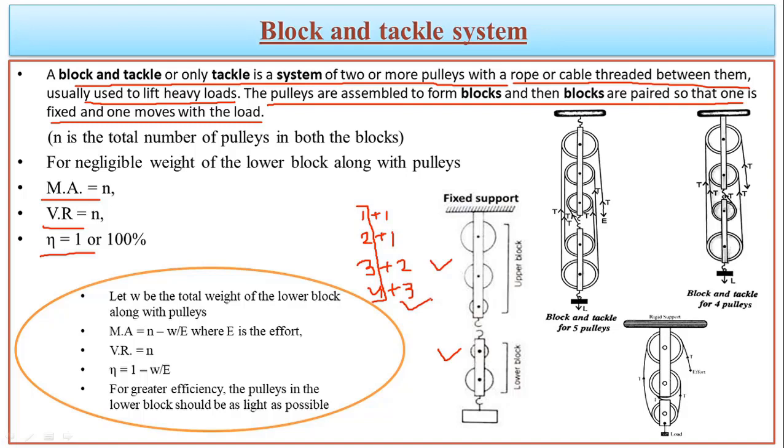When we go for the calculation, we find that the total number of pulleys present in the system is equal to the number of strings or threads present in the system, and that will give us the total amount of mechanical advantage and velocity ratio.